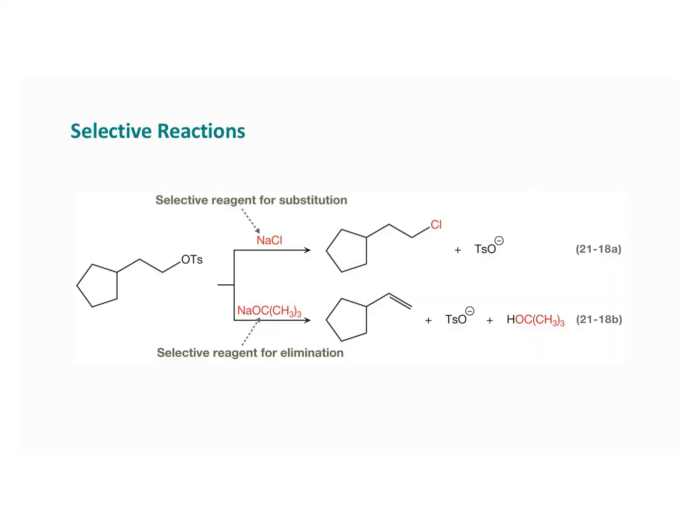Just as a reminder, when two or more outcomes are possible for a given reaction, the actual result often depends on the specific reagents that are used and the specific reaction conditions. In these situations, a reaction can be chosen to facilitate one outcome over another, and that's a selective reaction.